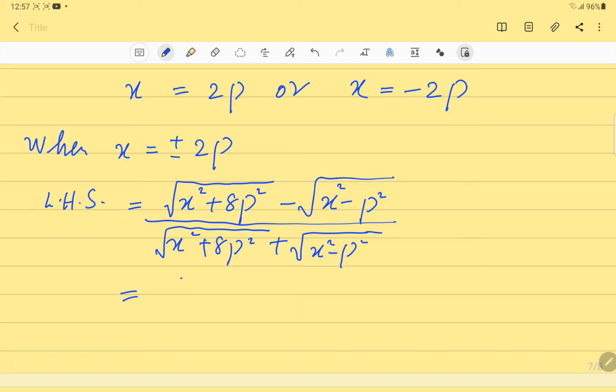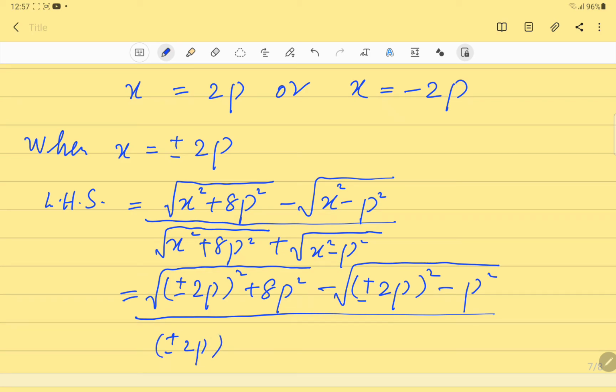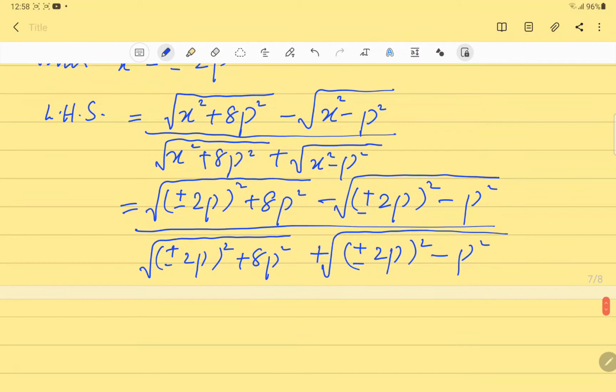x is plus minus 2p, so we have square root of (plus minus 2p) squared plus 8p squared minus square root of (plus minus 2p) squared minus p squared over square root of (plus minus 2p) squared plus 8p squared plus square root of (plus minus 2p) squared minus p squared. Let us simplify it now.